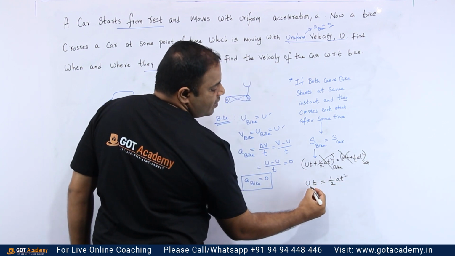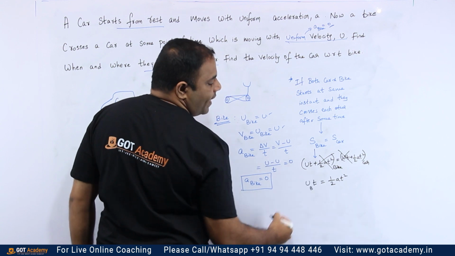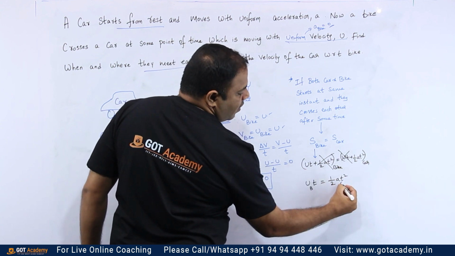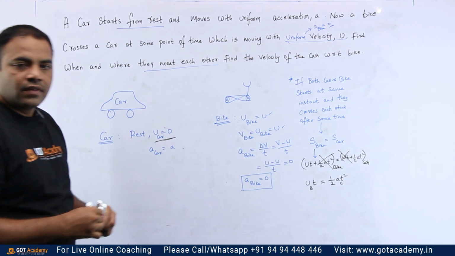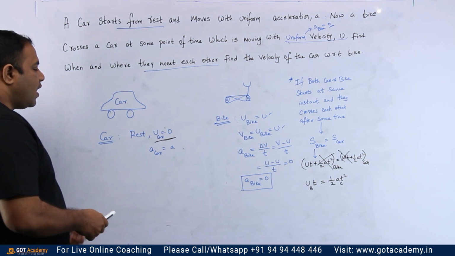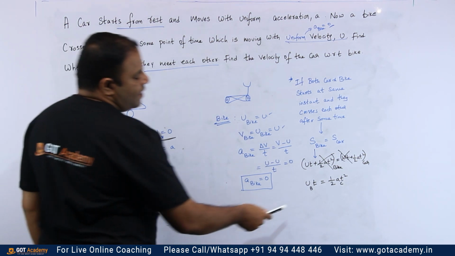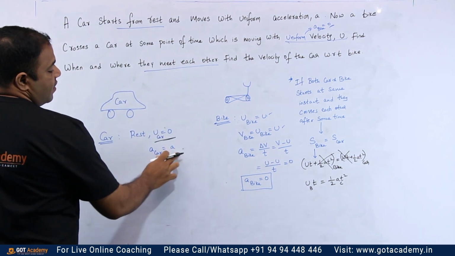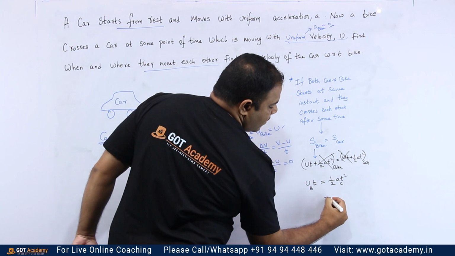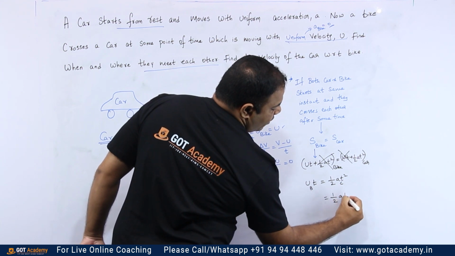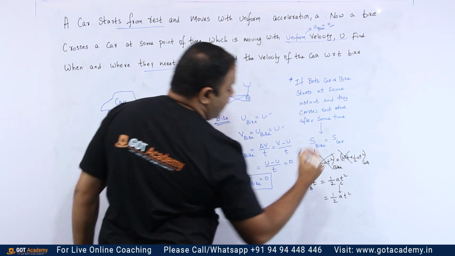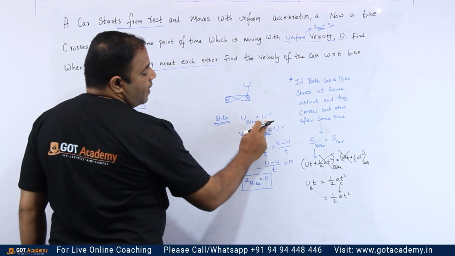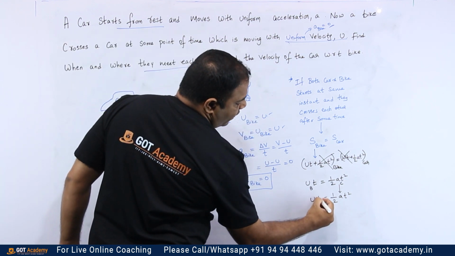This u into t belongs to the bike, and the acceleration belongs to the car. The acceleration of the car is a, so we get half a into t square, whereas the initial velocity of the bike is u, so we write u into t.